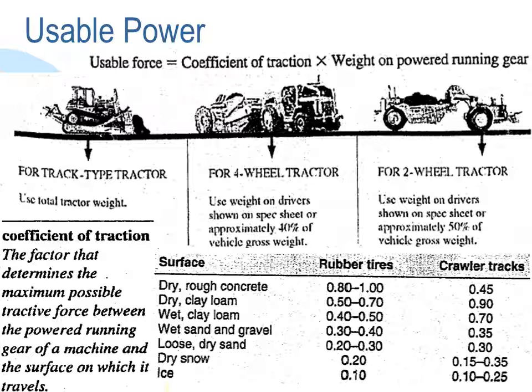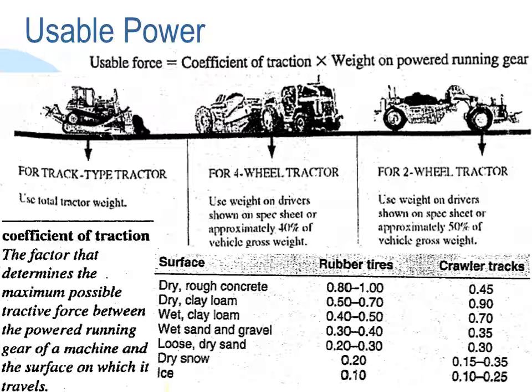Because the traction is really poor, the tires could not grip, and this is why in these countries they use what they call winter tires. So the coefficient of traction here is the main contributor to the usable force.